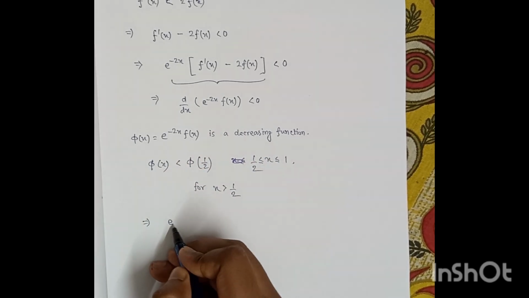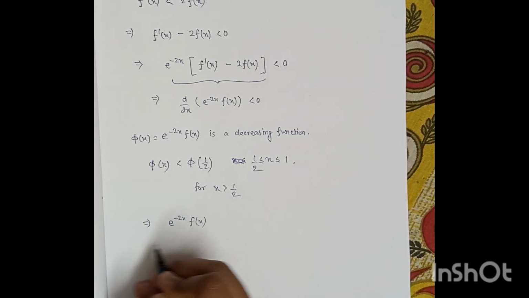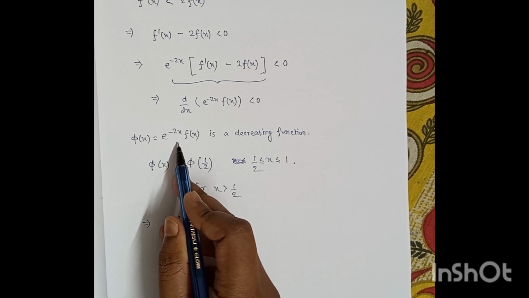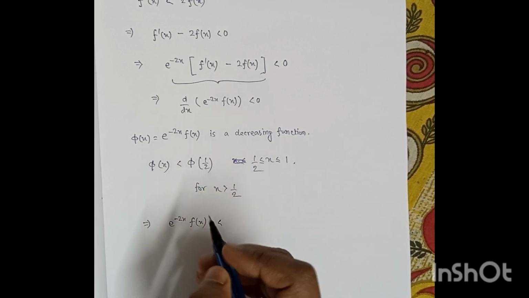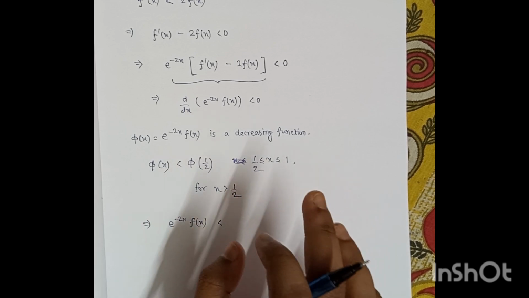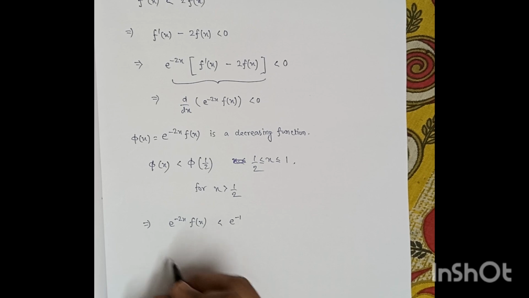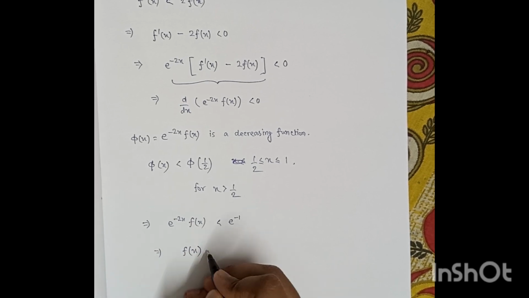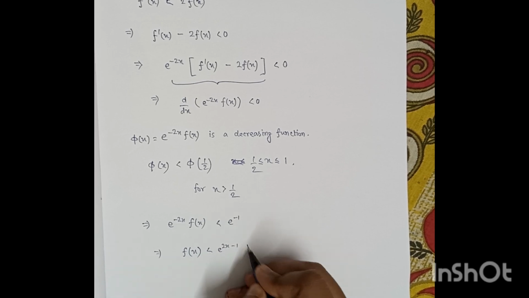So this phi(x), e to the power minus 2x times f(x), is less than phi(1/2), which will be e to the power minus 2 into 1/2, so e to the power minus 1 times f(1/2), and f(1/2) was given to us as 1, so this will become e to the power minus 1. So we can say that f(x) is less than e to the power 2x minus 1 for all x greater than 1/2.